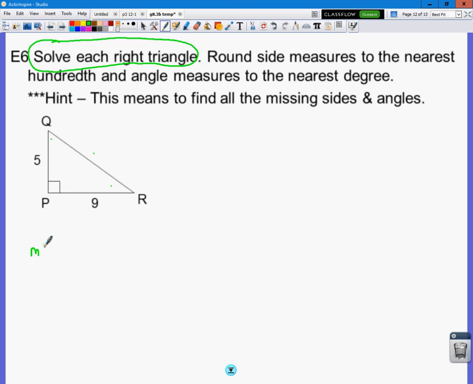I need to find the measure of angle Q. I need to find the measure of angle R. And I also need to find the length of QR. These are the three things that I need to find. Okay? We should be able to find QR before we ever got to sine, cosine, and tangent. How can I find it?